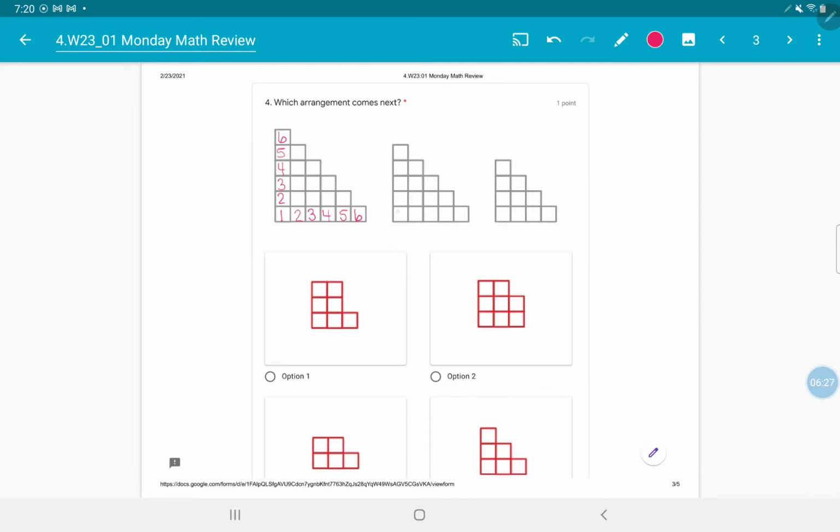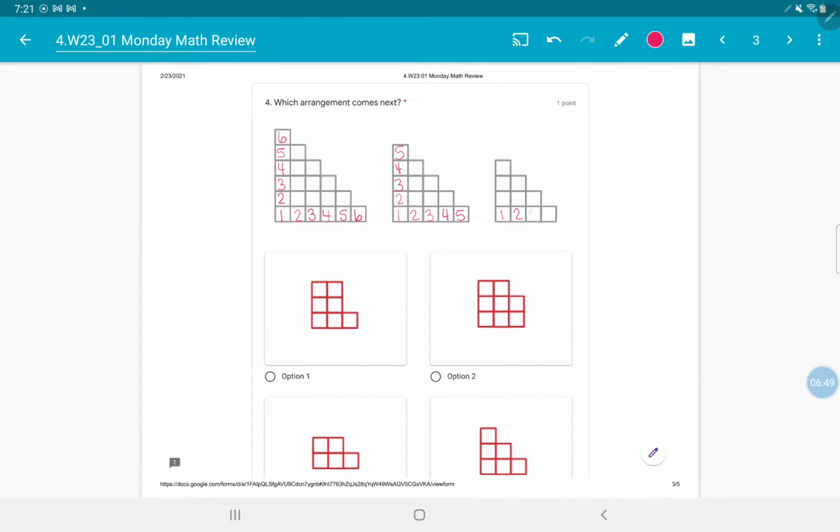So let's see what's in the next one. I've got 1, 2, 3, 4, 5 across, and 1, 2, 3, 4, 5 up and down. So we lost 1 row and 1 column. Let's see if that's what happens in the next one.